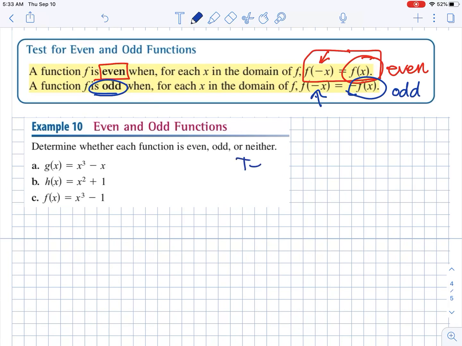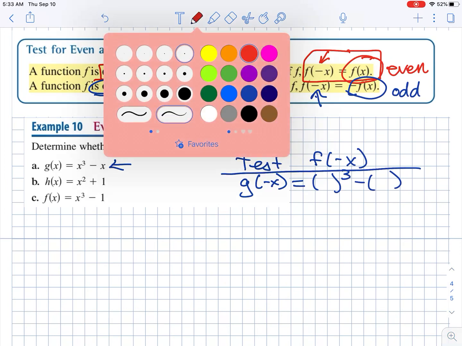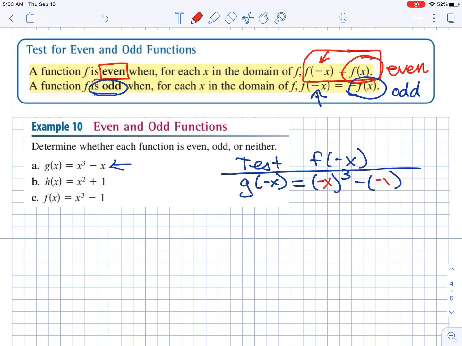So we're going to give it a test where we evaluate f of negative x. If we were going to evaluate this one in part A, let's evaluate g of negative x. So remember when we plug in this stuff, you put parentheses first, and we're plugging in values of negative x instead of x. And we're going to see what comes out of it.